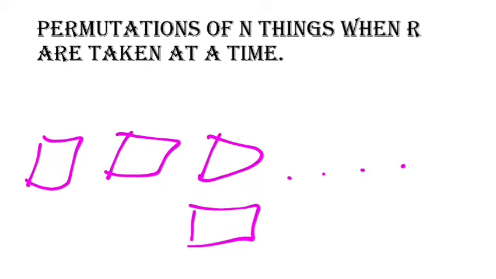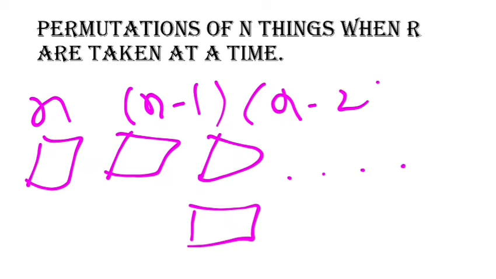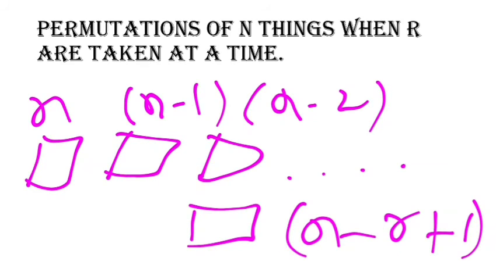In the first place we write n, in the second n minus 1, in the third n minus 2, and in the rth place it will be n minus r plus 1. After the multiplication, we get the permutation of n things when r are taken at a time.